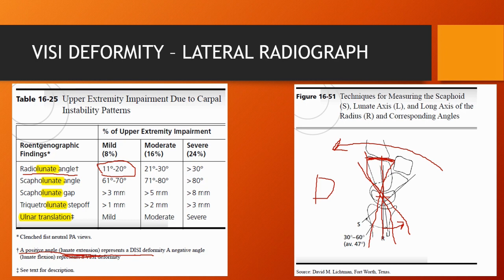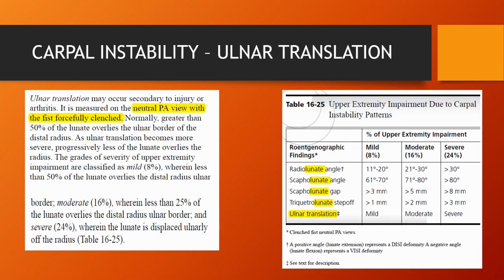With a flexion angle and a negative radiolunate angle, we have a VISI deformity in this direction, both of which qualify for permanent impairment ratings. So those are the VISI and the DISI forms of non-dissociative carpal instability patterns.